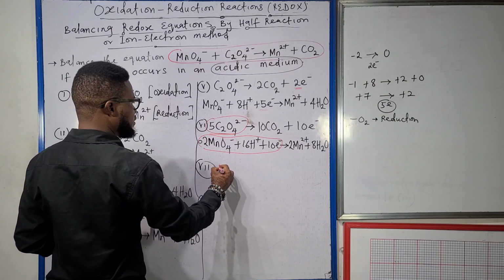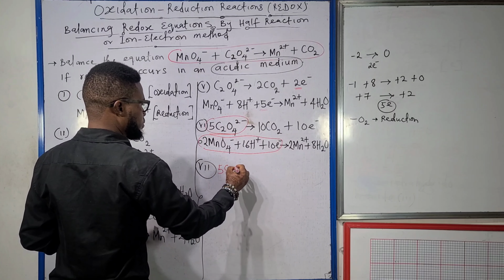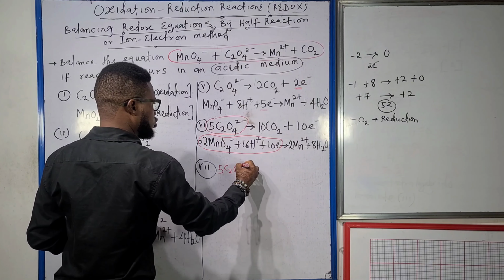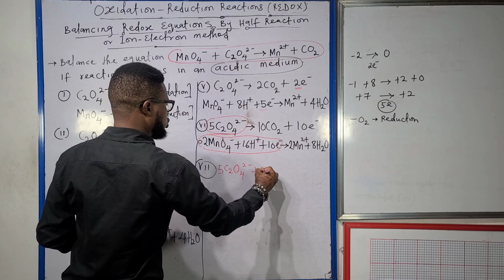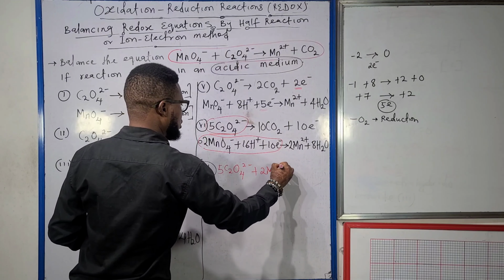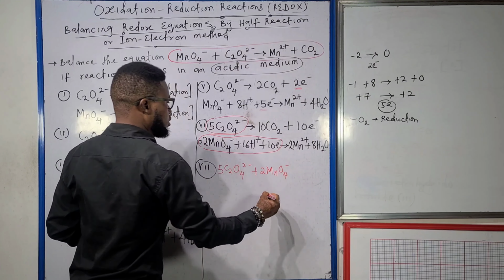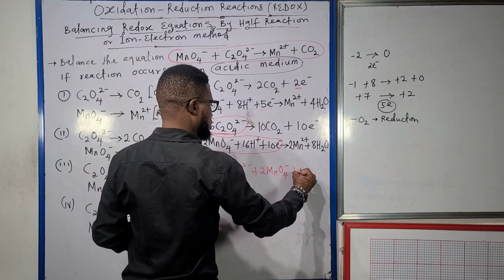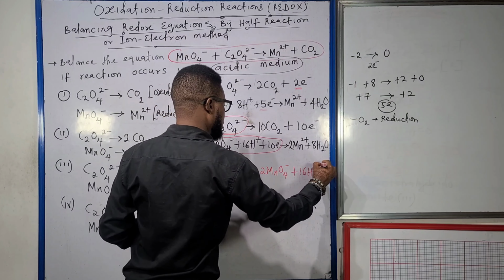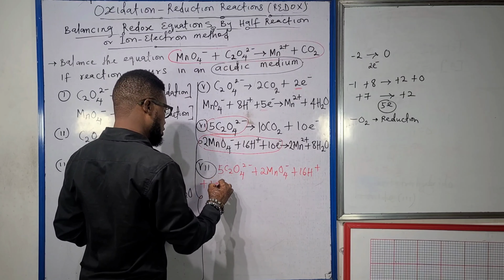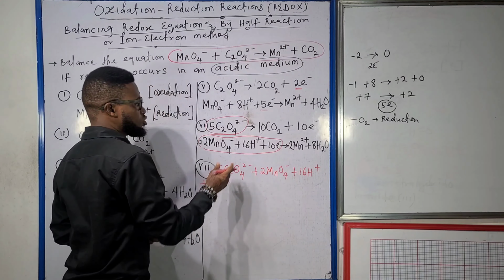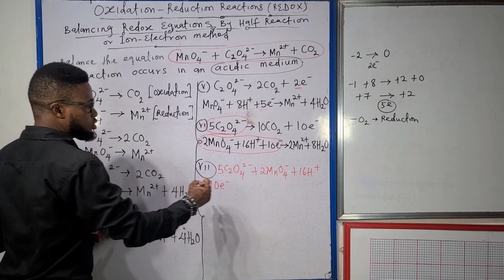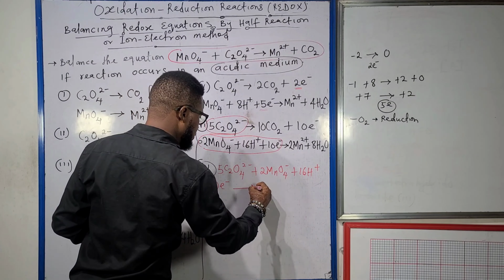So what we have is 5C2O4 2 minus plus 2MnO4 minus plus 16H plus plus 10 electrons. So we've been able to take all this together. What is the product?